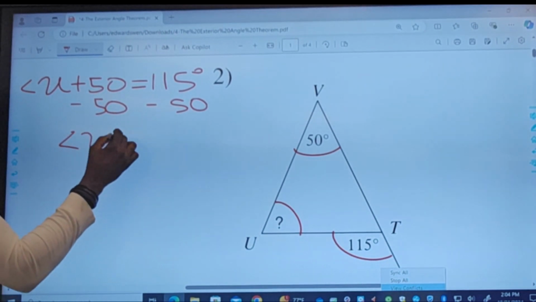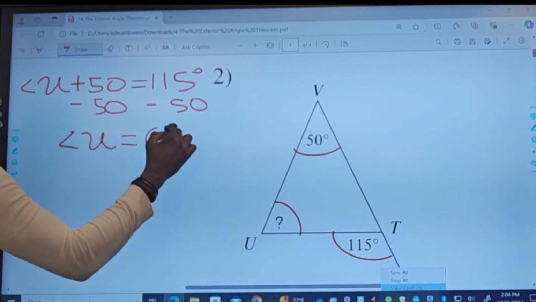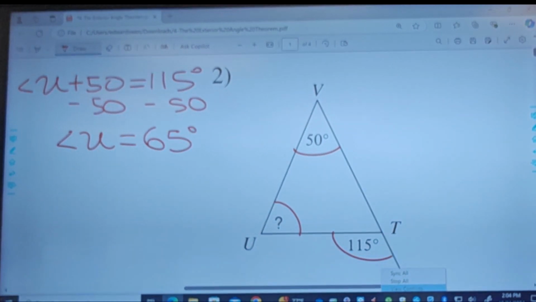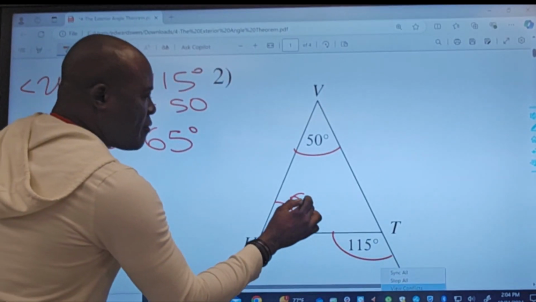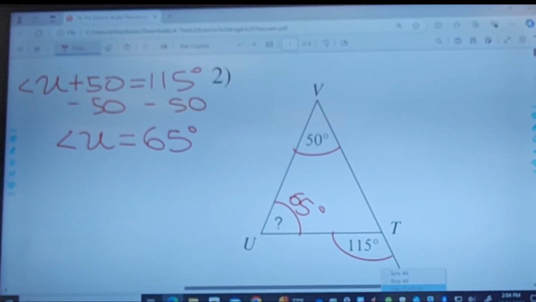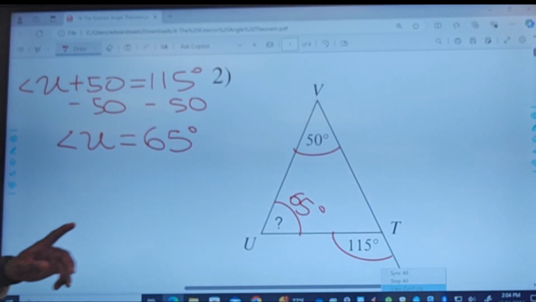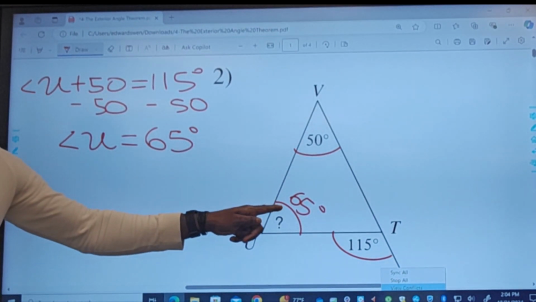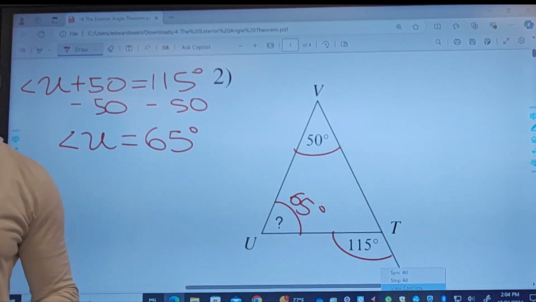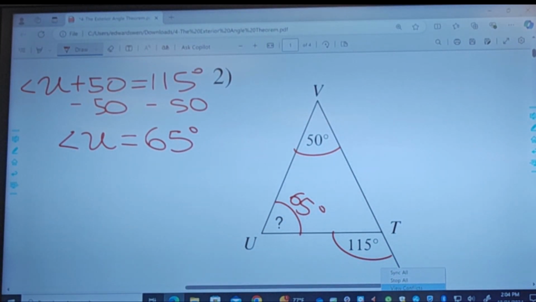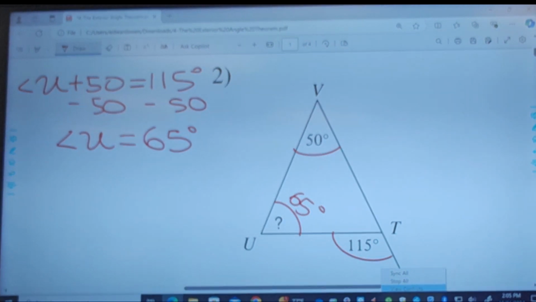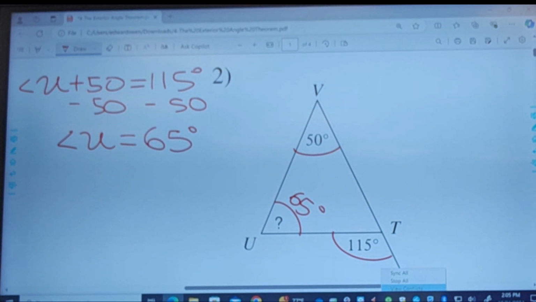So the angle at U is, somebody said it, I heard it, 65 degrees. So this is 65 degrees here. In other words, if you add the 50 and the 65, it's going to give you 115. That's what we're saying right there. That is what we classified as the exterior angle theorem.